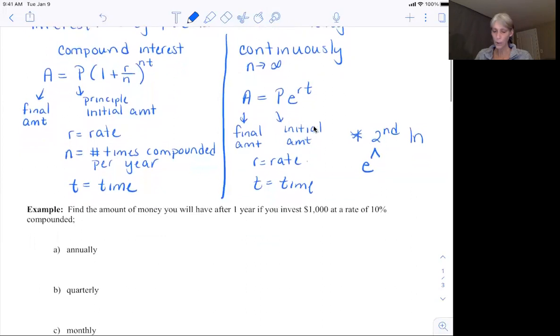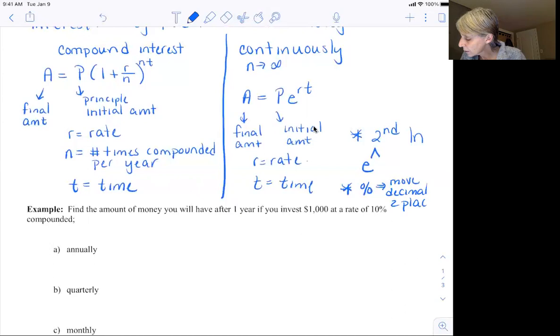And one more important thing we have to squeeze onto this page: when your interest is given to you as a percent for either case, we have to move our decimal 2 places left. We always have to change our percent into a decimal to plug into our formula.